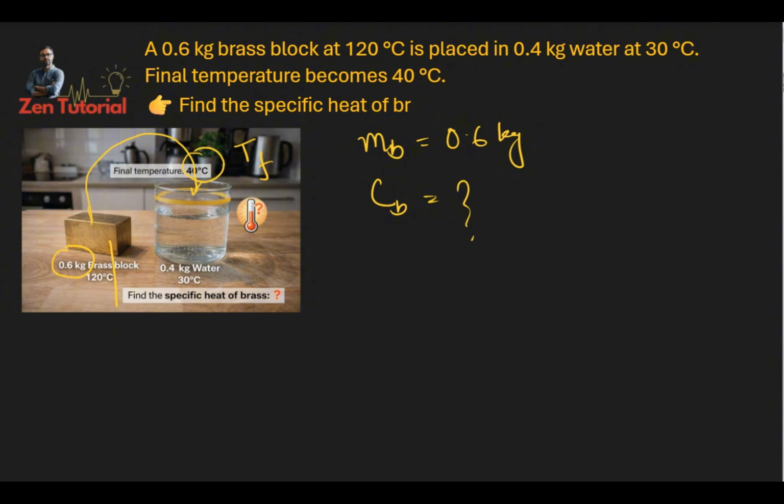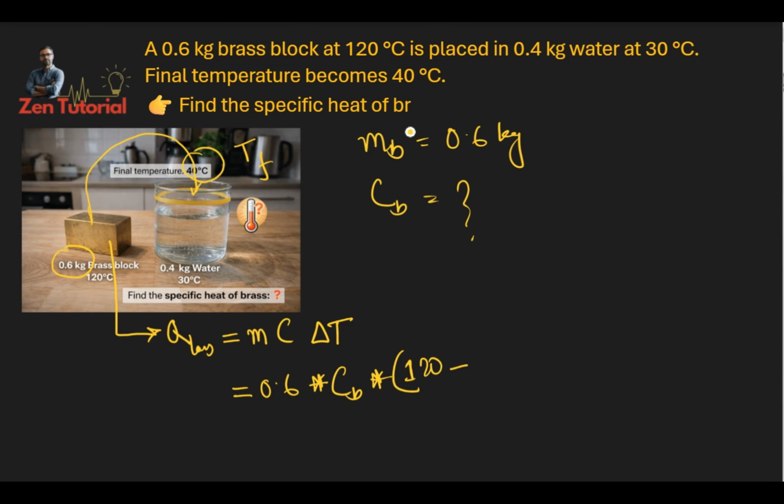So this block is actually heat lost. So heat lost by the brass block is m c del theta. What will be the value? The value is 0.6 kg, the specific heat of the brass that we have to calculate, and the temperature difference, that is 120 minus the final temperature, which is 40 degrees Celsius.